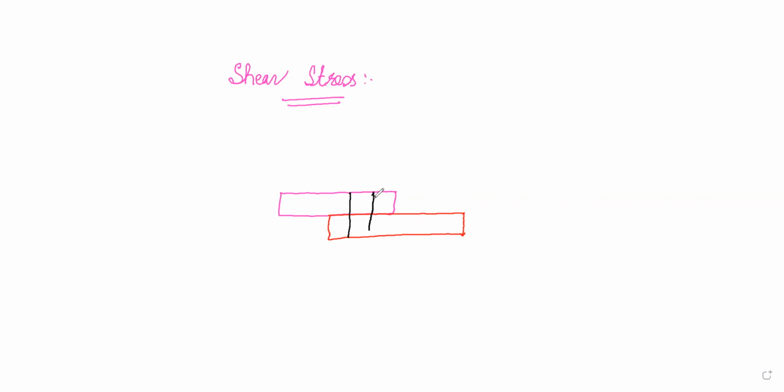Say, for example, they are riveted together. We have a rivet. Let's call this plate 1, and this plate 2. Let's say plate 1 and plate 2 are connected together with the help of this rivet.